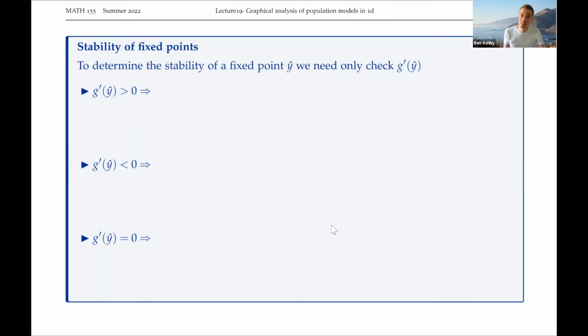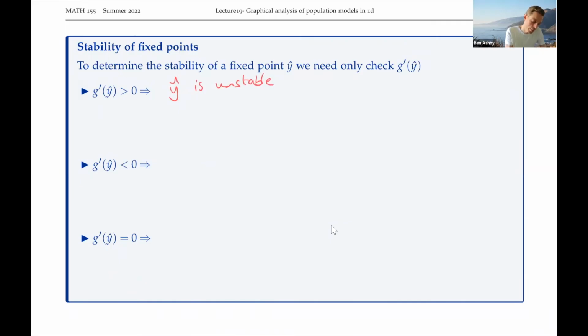So what that means is we can work out the stability of our fixed points just by taking the derivative of our growth function, g, with respect to the population, in this case y, and then evaluating it at the equilibria and looking at the sign. So if g prime at y hat is greater than 0, then this means that our y hat is unstable.